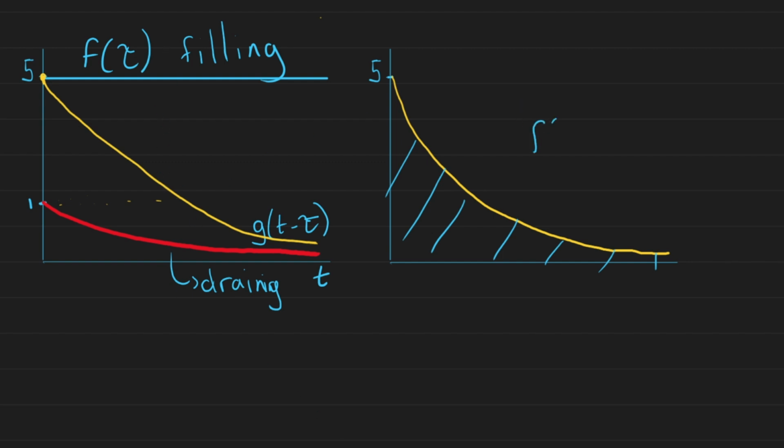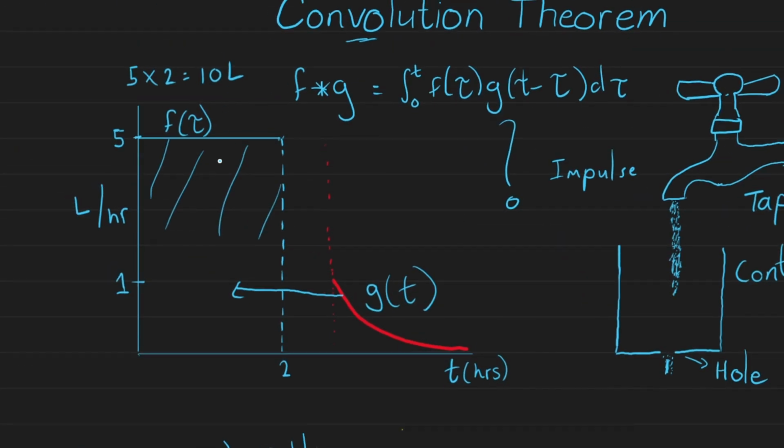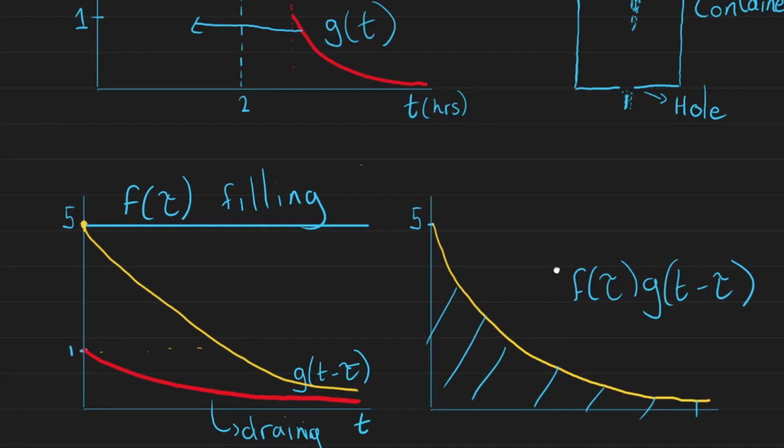So it's f of tau times g of t minus tau. And remember, if we go back up, you see here, we said that if we wanted the amount of water inside the container, we have to take the area underneath this curve. So it's the same thing.